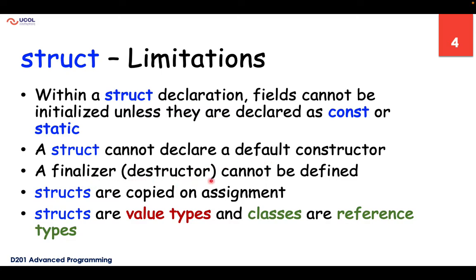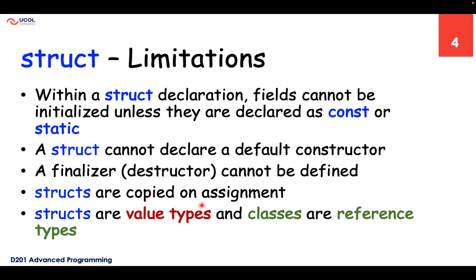A finalizer or destructor cannot be defined in a struct because it is more like a value type. Whenever it goes out of scope, it will automatically be deleted from memory by the garbage collection of C sharp, so we don't need to define a destructor for a structure. We can define it in the class, but we cannot define it in the structure.